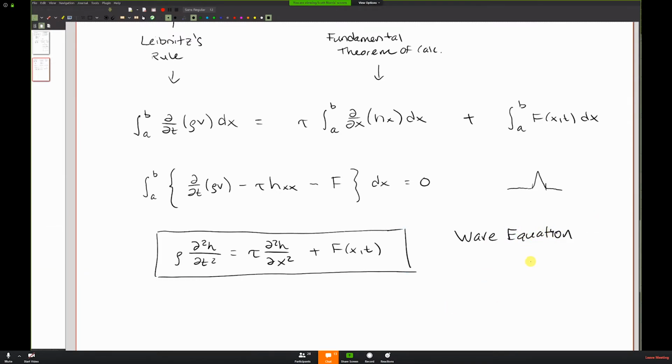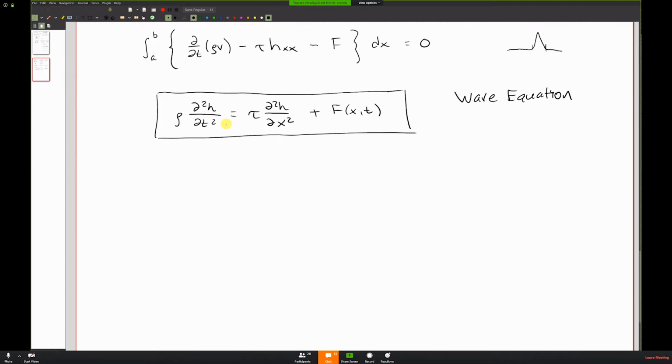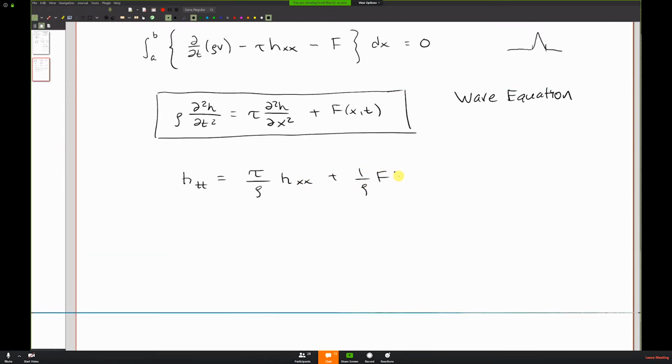Now you can rewrite it, divide through by rho, as is sort of conventionally done. You can say h_tt equals tau over rho h_xx plus 1 over rho F of x,t.